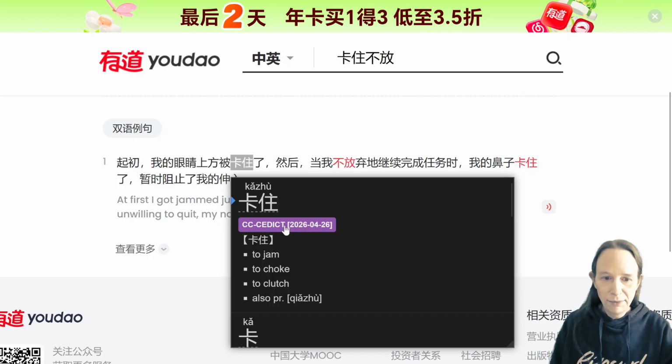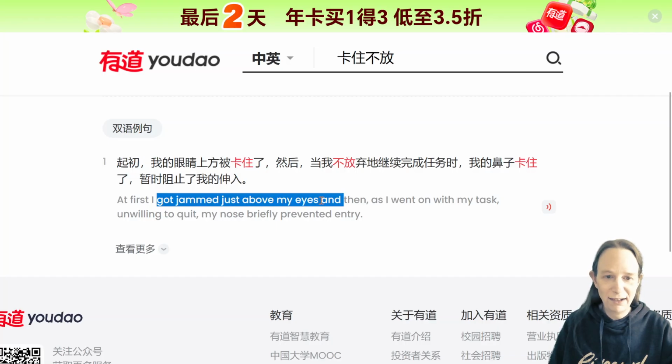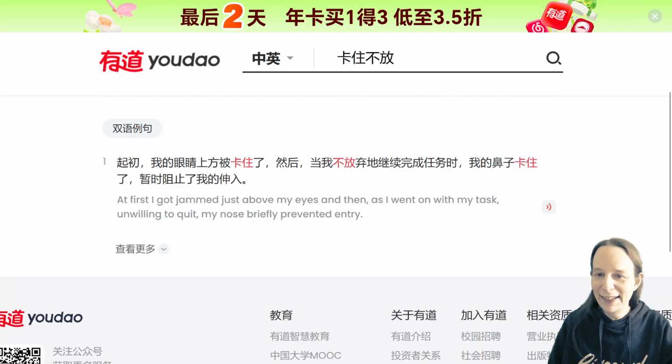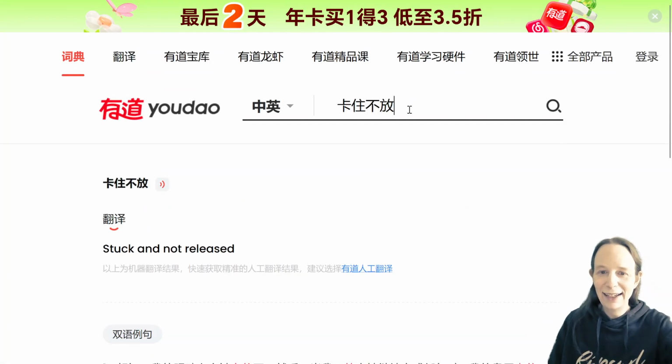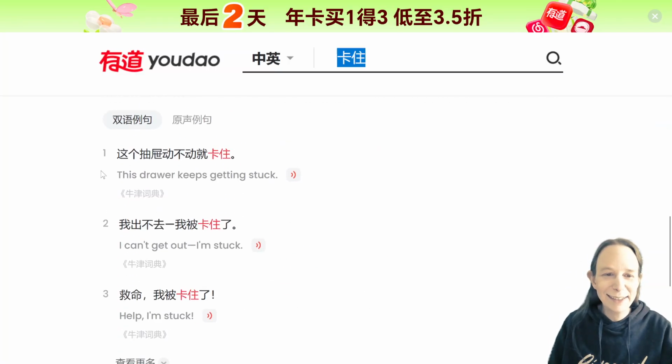Also, the jam, choke, clutch. 我们的眼睛上方被卡住了. I got jammed just above my eyes. All right, that's what it says. I don't know what it means. Yeah, I don't know. It doesn't make sense in English nor Chinese. 卡住. I'm saying 卡住. You can't stop me.